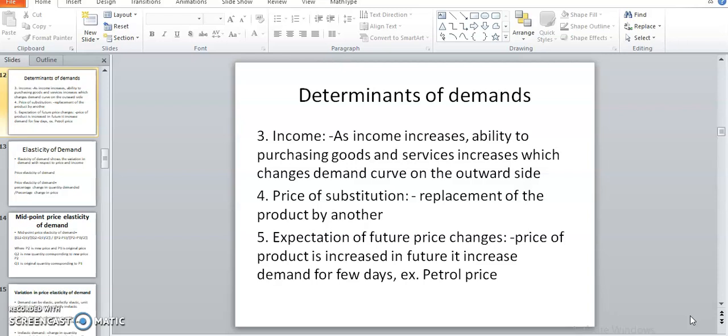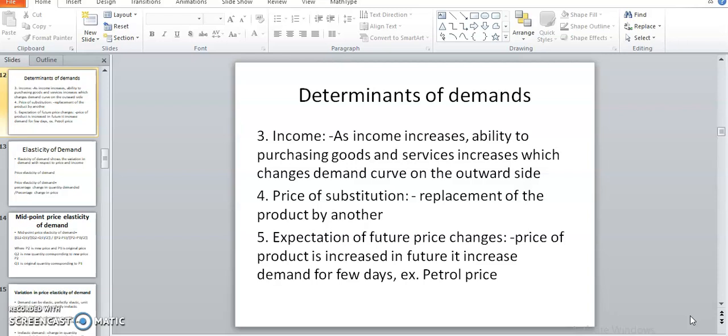And the last one is the expectation of future prices. If the price of a particular product changes in the future, it increases demand for that product for a few days. For example, if petrol prices are to increase from tomorrow, then there is a sudden increase in purchases of petrol today.